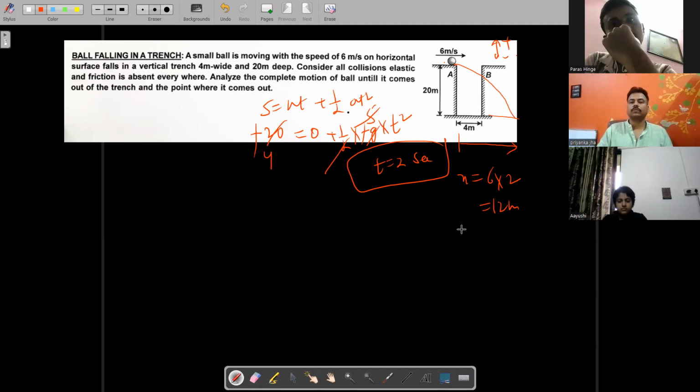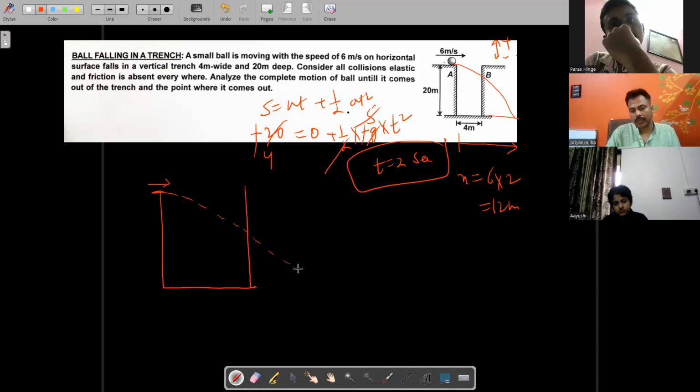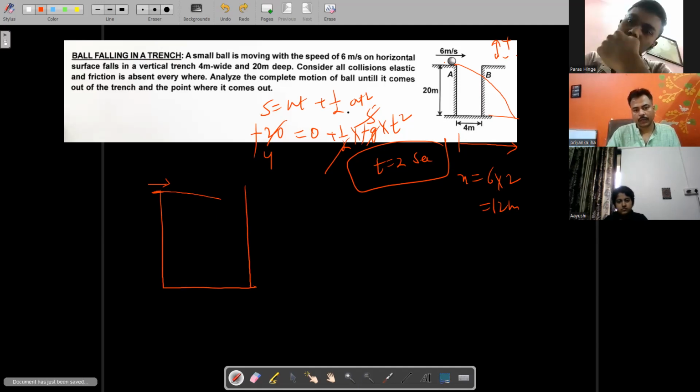Now, so this is 4. Let me draw the diagram again. Initially it had initial velocity only, and if there was no wall, it could have followed this path like this. So total is 12. So this is 4, and this is 8.